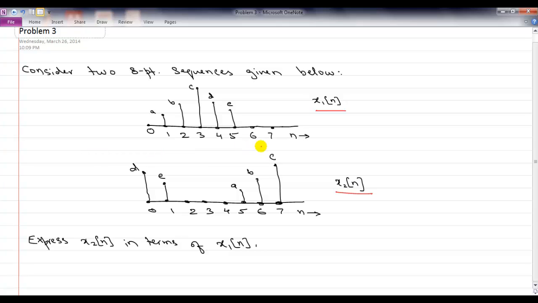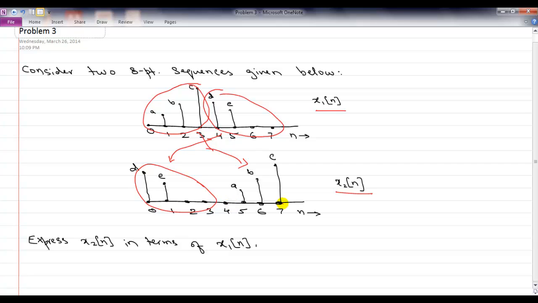So if you look at it, what has happened is that this ABC has been moved here, and this DE and the next two zeros have sort of come back. So this part has come here. So this is this part, and this part is here. So this is just the circular shift operation that we had studied.